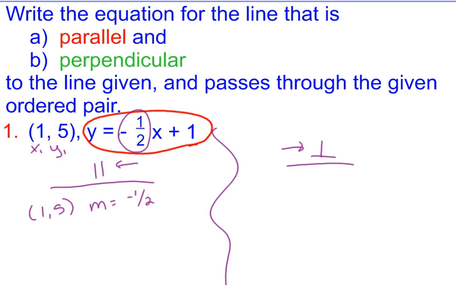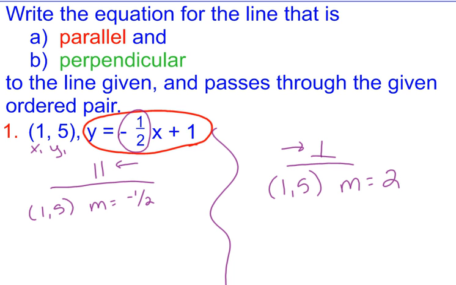This is the symbol for perpendicular, you might remember that from geometry. For perpendicular, I'm going to use the ordered pair they give me, and then use the opposite reciprocal for the slope. The opposite of -1/2 would be positive, and when I flip that 1/2 it would be 2/1. This is all that's new. You have done the rest of this.